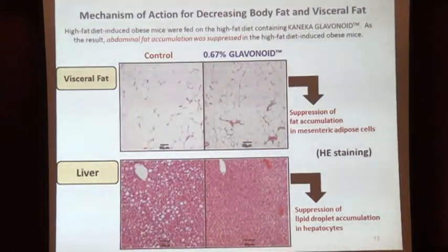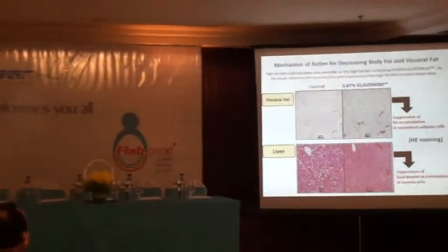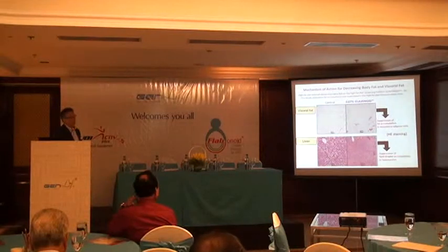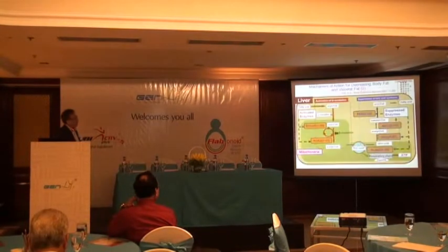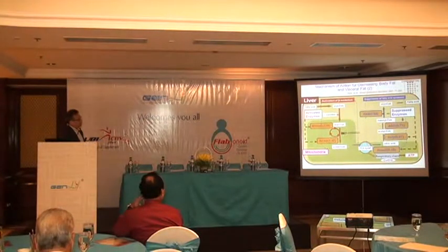In order to determine the difference in hepatic gene expression between control and flavonoid, we purified total RNA and submitted it to a DNA microarray study. So this is the result. It's a bit complicated.